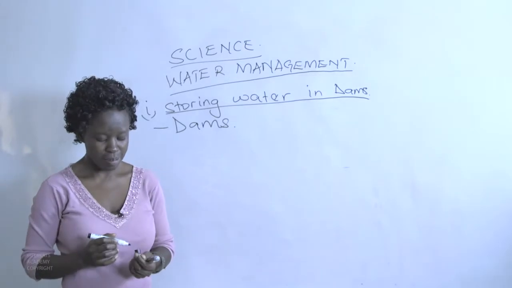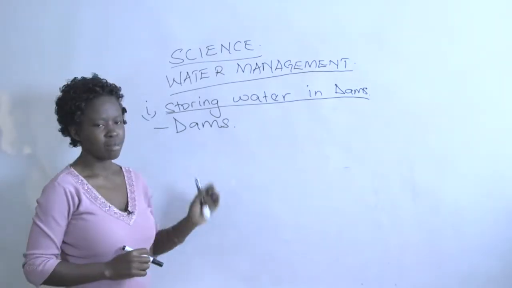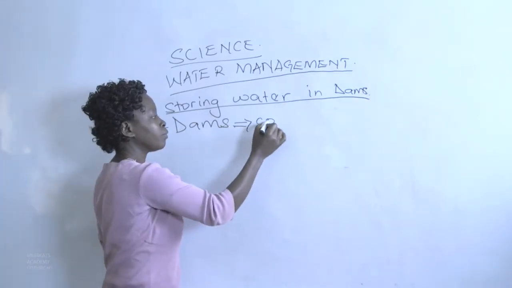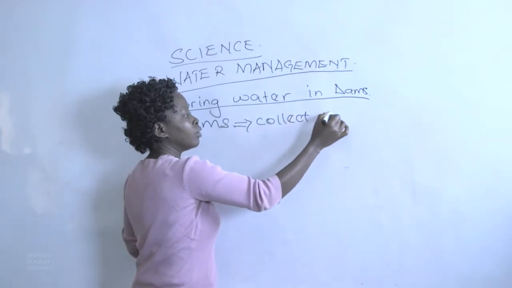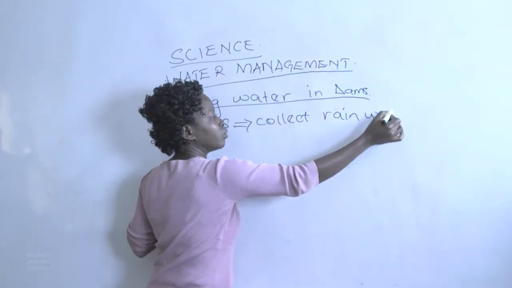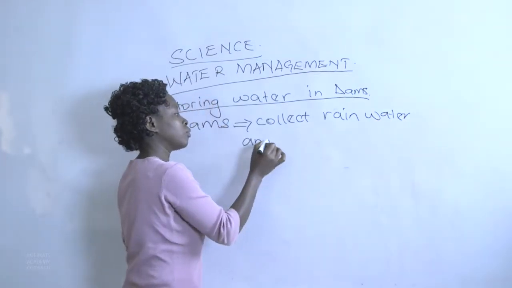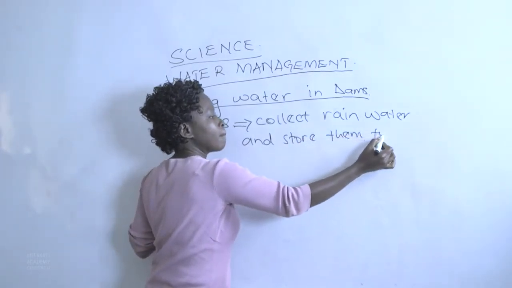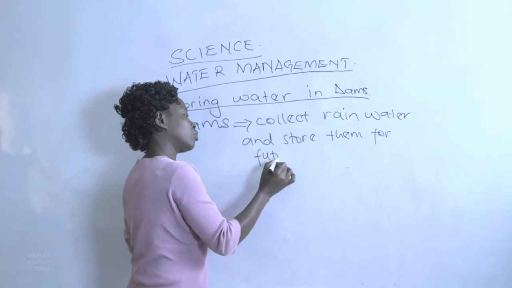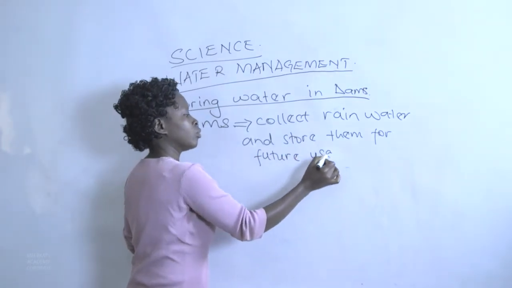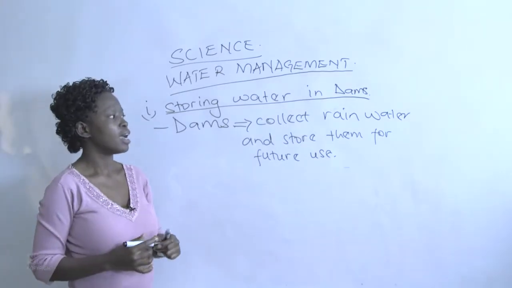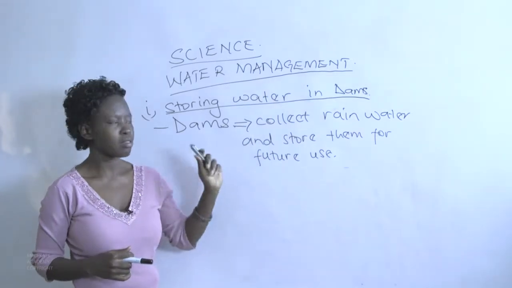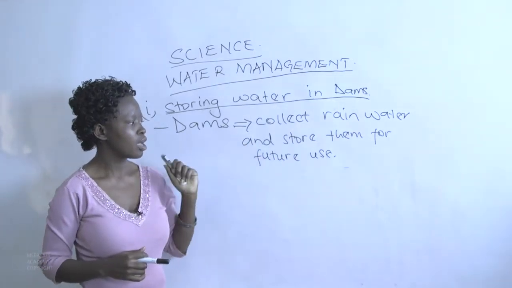So we find that the larger part of Australia has so many dams. These dams are simply used to collect water. So the dams constructed are used to collect rainwater, and the rainwater is stored for future use.